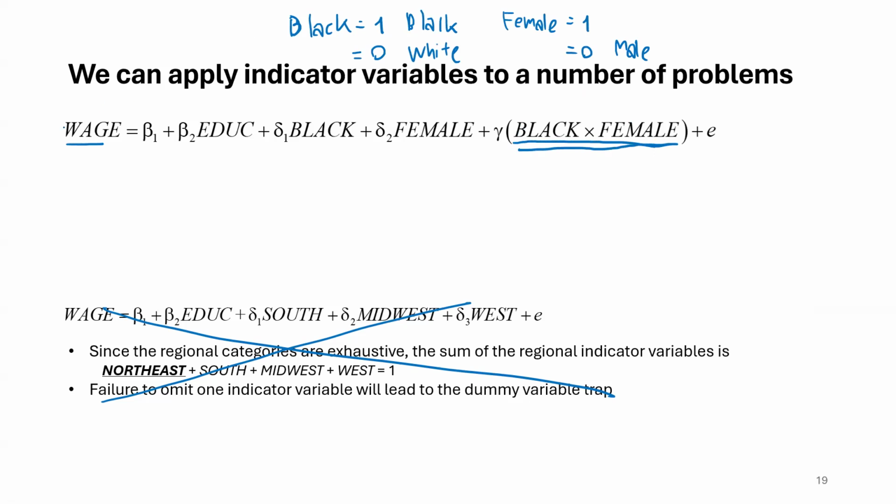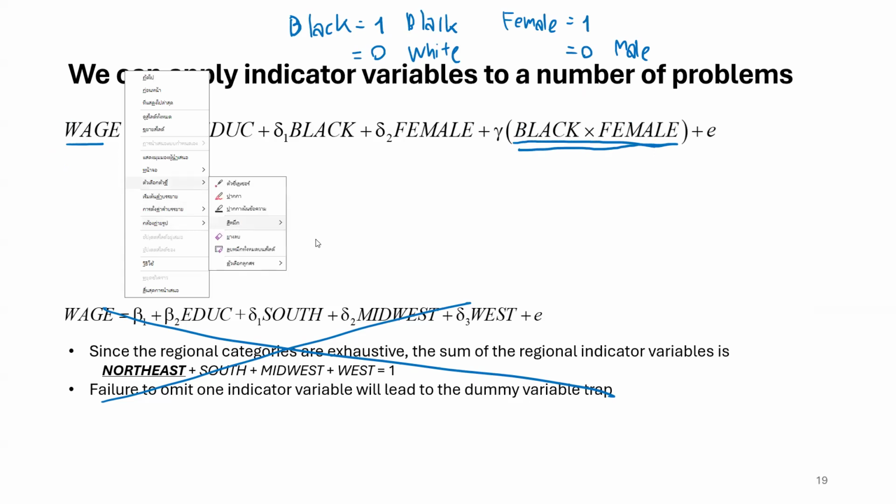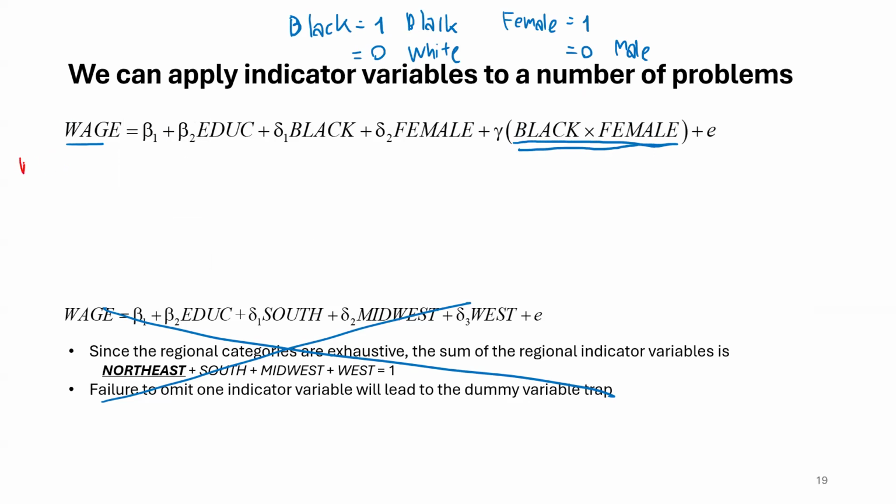So what does it mean? From this equation, you can distinguish four types of people. Firstly, the easiest one: how about if you are a white male?